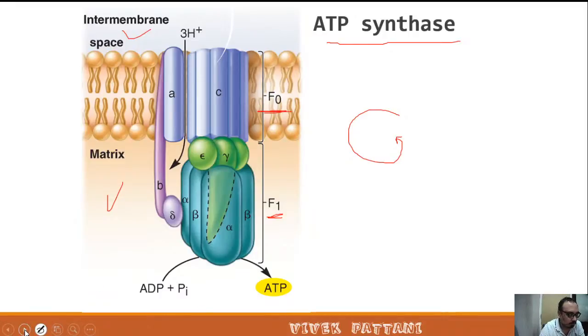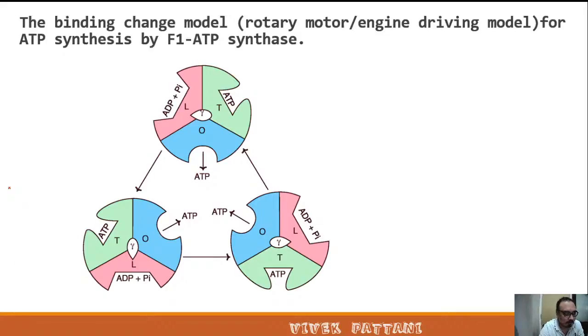Now moving further, as I told you, this ATP synthase functions like a rotary motor, or rotary system. Let us assume that this is the part at which ADP and phosphate are taken up by the ATP synthase, and this further will be synthesized into ATP, and ATP will be released.